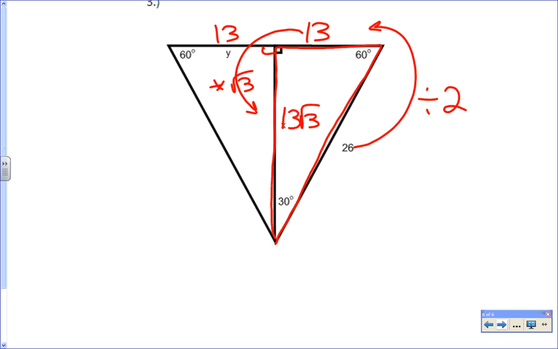Yes? Okay, side angle side. Where do we see side angle side? Which side angle side? I agree, you can do that. But we didn't know 13.